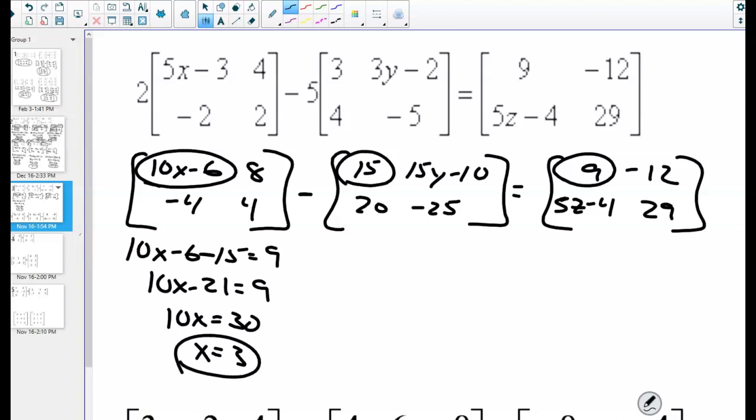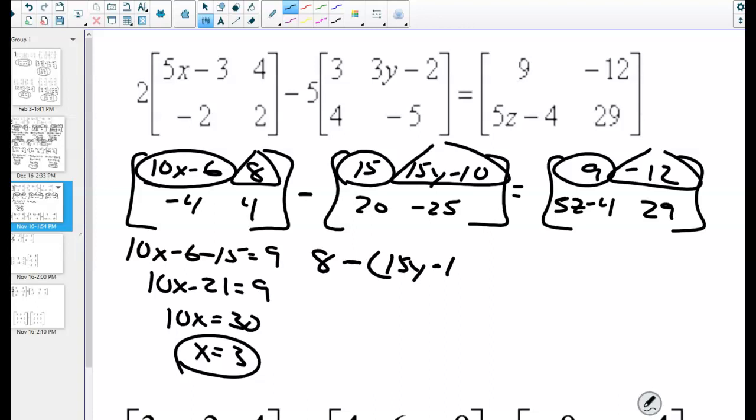Now, I'm going to top right, top right, top right. 8. It's got to be in parentheses. This negative has to go to both terms. That's the common mistake. People do 8 minus 15 minus 10y.